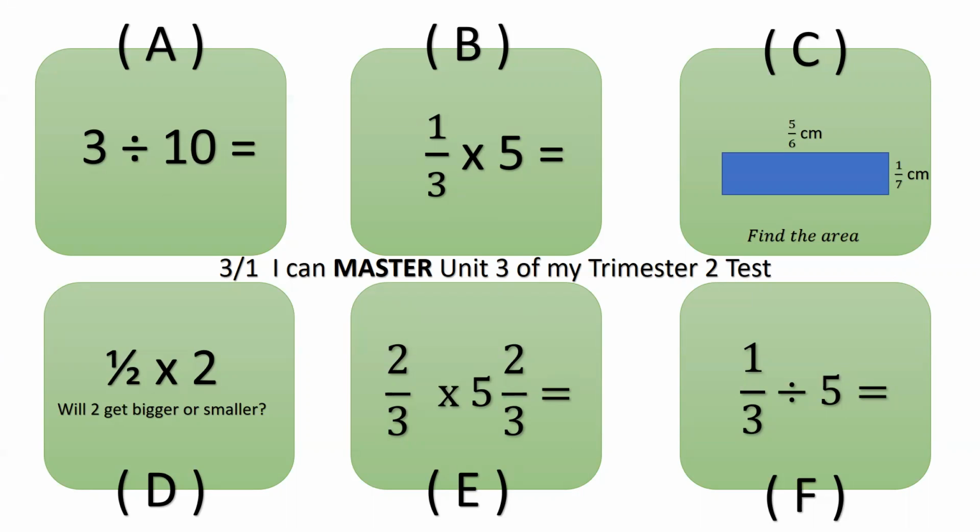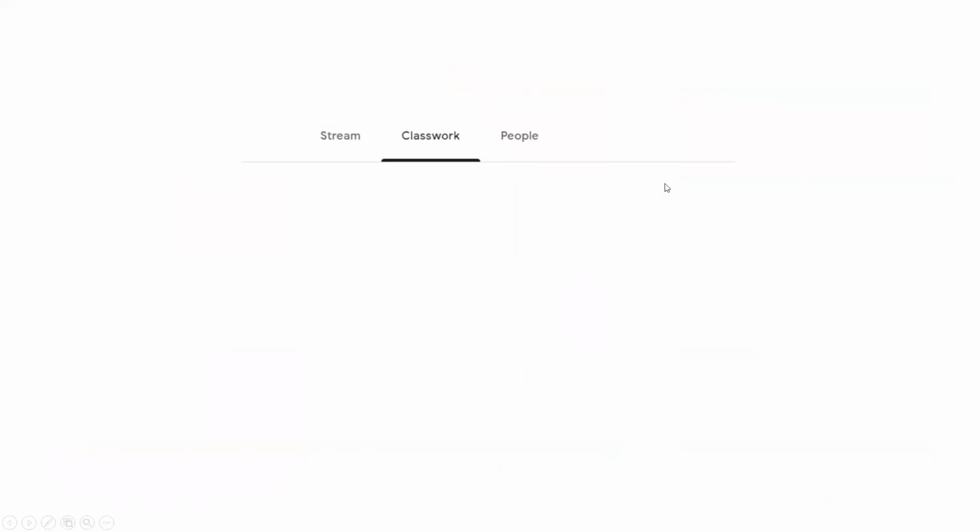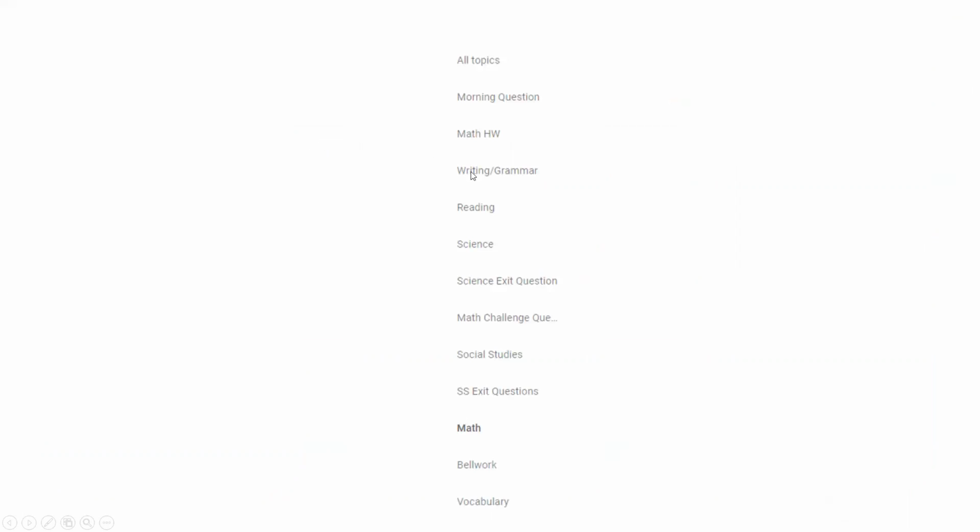Another way to figure out what you struggled with is to go into your Unit 3 test. The way to do that is you go into your classwork on your Google Classroom. Once you go into your classwork, you're going to want to find where it says math test.